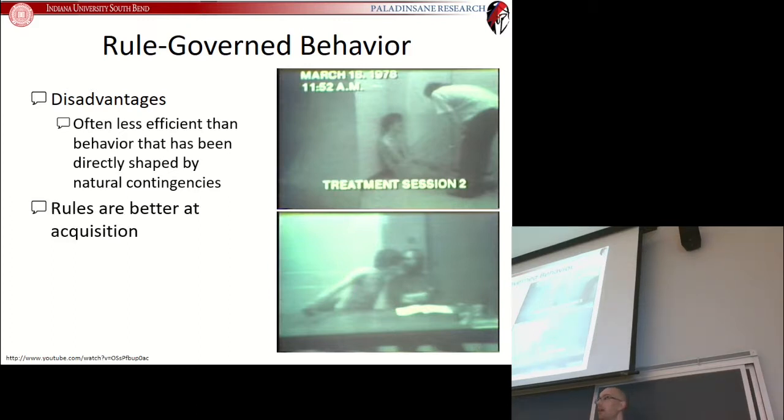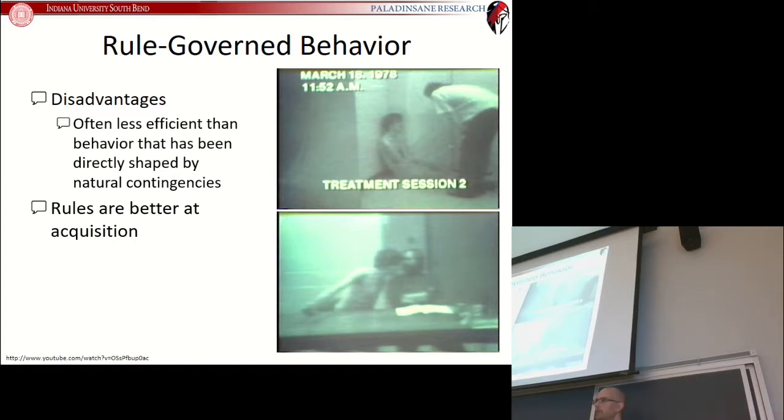So rules are better at acquisition. Remember that difference between acquiring the behavior versus performing the behavior. Rules are actually better at acquisition. And if you ever do want to improve your behavior in a particular sport, for example, one of the best things you can do is to find a coach who will give you the rules, who will say, this is what you do in this case, this is what you do in this case, these are the rules that you can use.